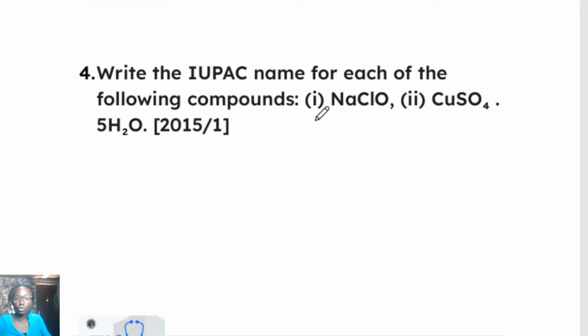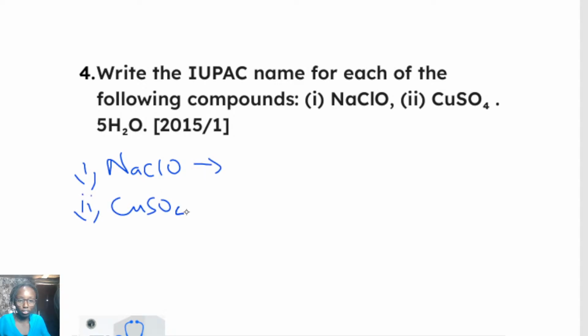I have some more IUPAC names. Maybe we should attempt these as well. We have NaClO. The second one is CuSO4. We talked about the SO4 ionic group on this call. I forgot to add the attached water, so I'll write it again with H2O and put an X here.